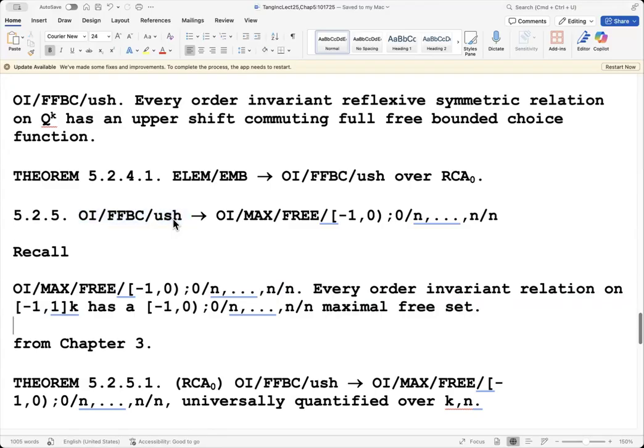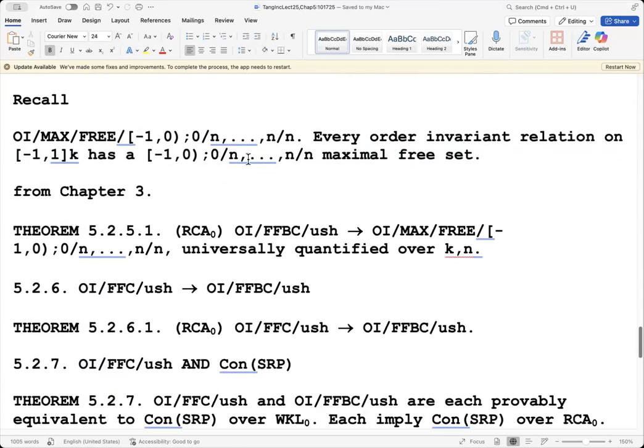Okay, so we have that with a bound, the FFBC with the upper shift, that actually does prove this maximal free set thing. For this, remember this invariance, this thing right here, from -1, 0, all the way up.